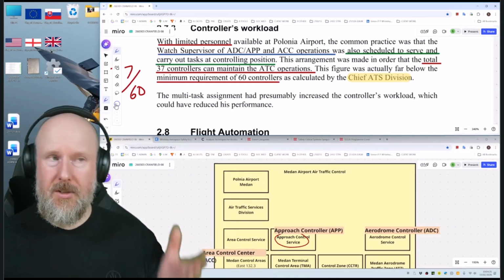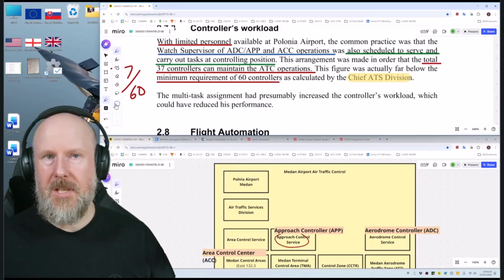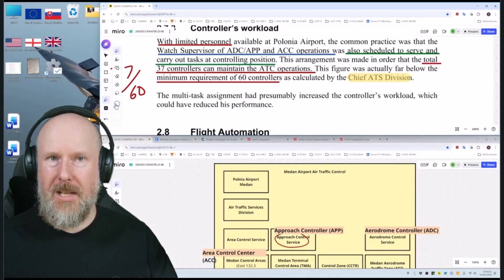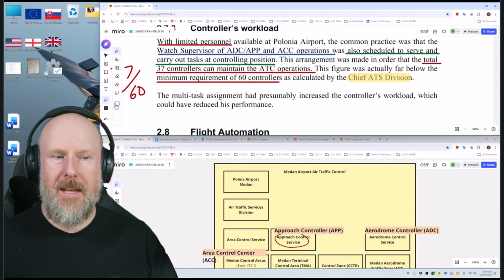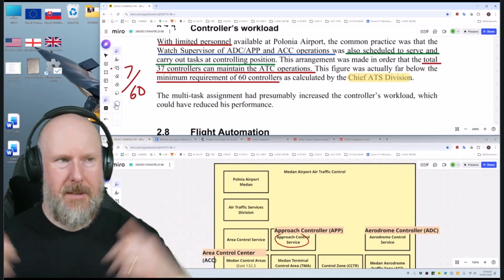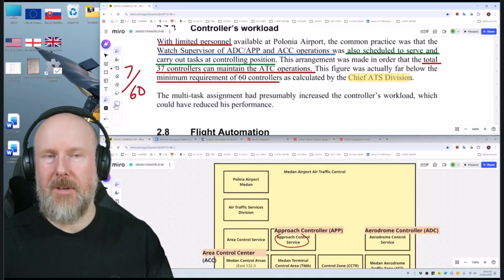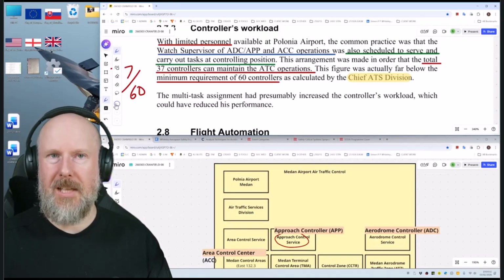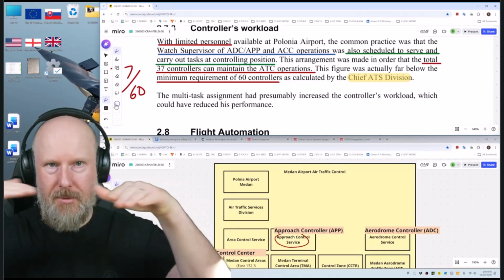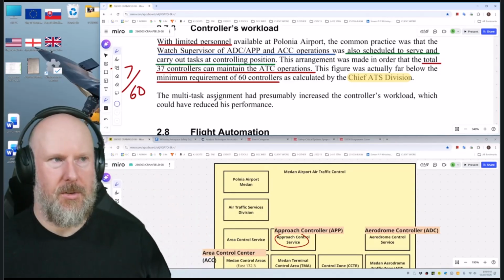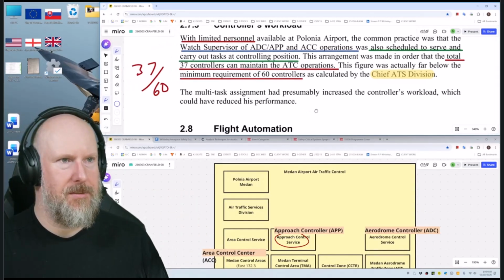And interestingly enough, this is the similar sort of situation to the Uberlingen disaster, where there was an air traffic controller looking after two sectors of the sky, and they didn't have the available collision alert, conflict alerting available to them. So they were merrily dealing with two different desks, and aircraft were converging on each other, and unfortunately a lot of people lost their lives.